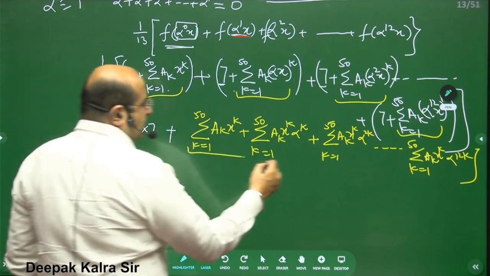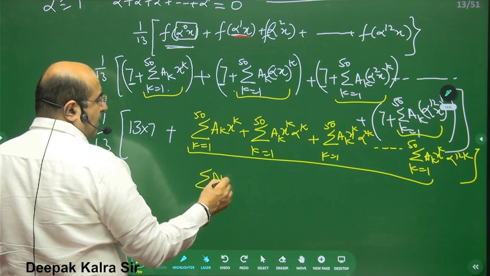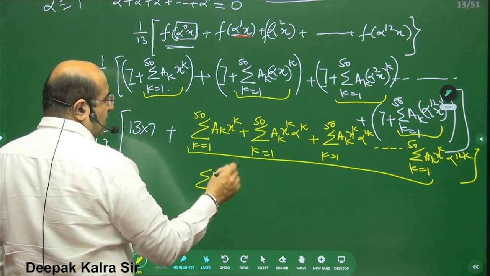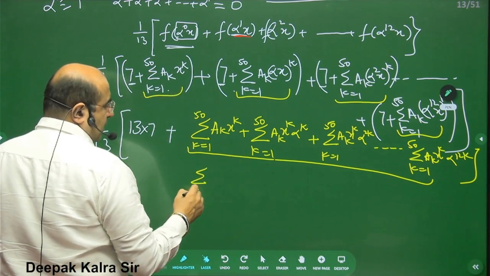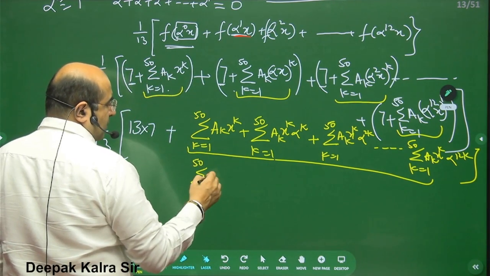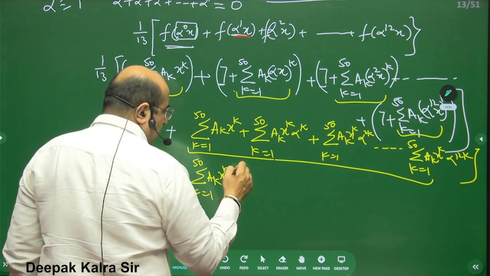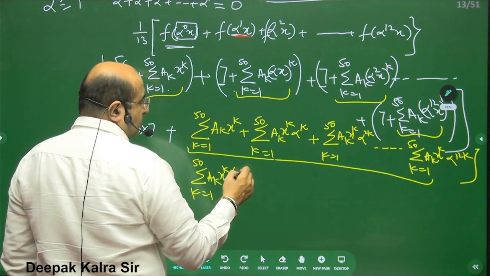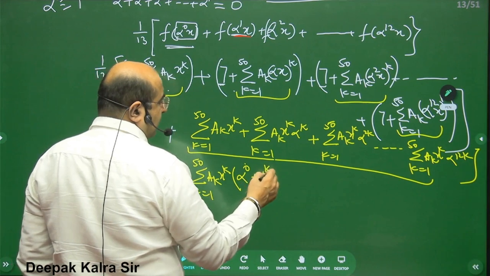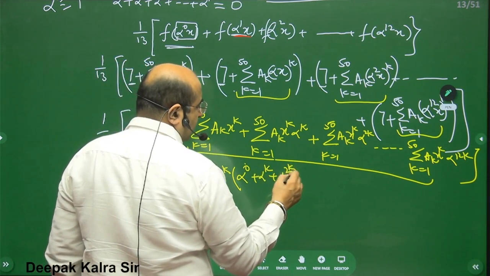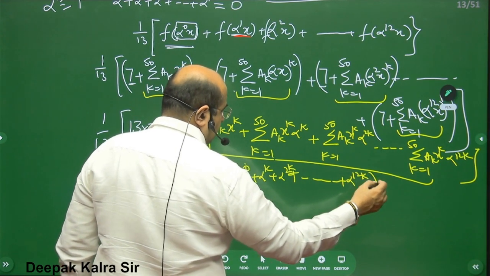So from this place to this place, I will take up sigma k equals 1 to 50 a_k x bar k in the bracket, alpha bar 0 plus alpha bar k plus alpha bar 2k up to alpha bar 12k. You understand?